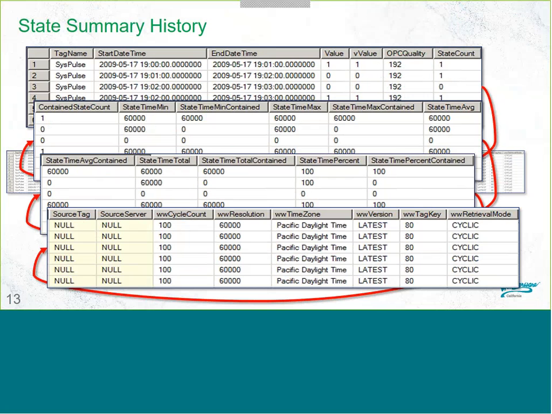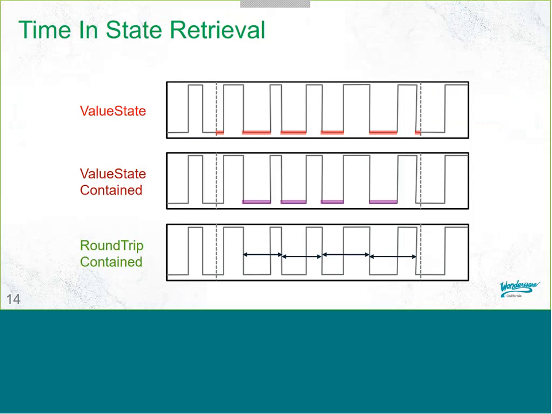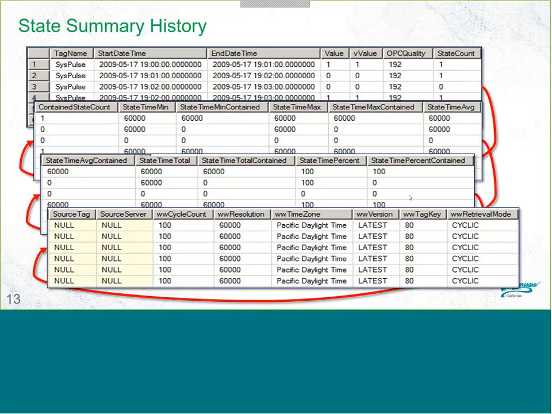Over here, we also have a state summary history. What state summary does is help you analyze the state data of the machine. Within the state summary, as you can see here, you have different state summaries with the state time and the total time that value was in that state.